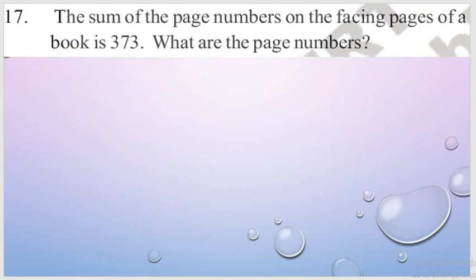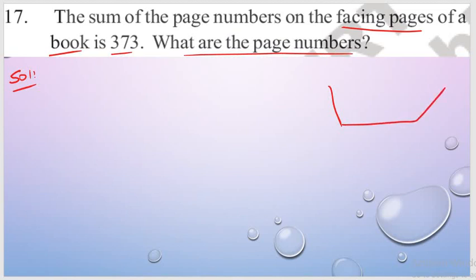Next, coming to question number 17, the last question of this exercise. He has given that the sum of the page numbers on the facing pages of a book is 373. Then what are the page numbers? Whenever you consider a book, it looks like this.